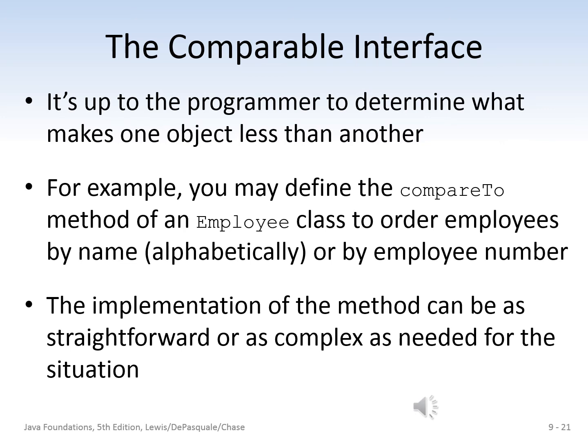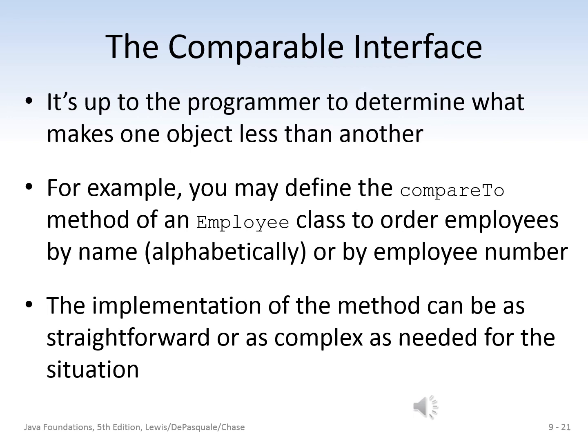To continue the thought of implementing the Comparable interface, it is up to the programmer who designs a specific class to determine what makes one object less than, greater than, or equal to another. For example, you may define the compareTo method of an Employee class to order employees by name, maybe last name alphabetically, or by employee number, okay?